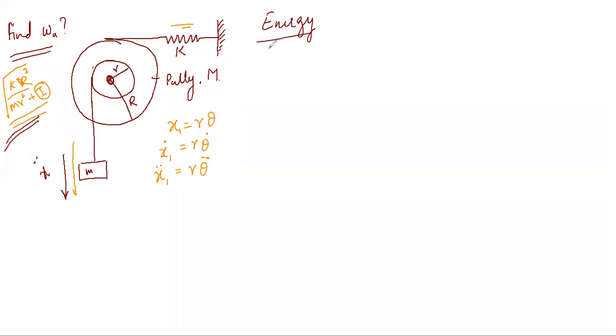When we say energy method, just tell me one thing. Properly divide the energy method into two parts. First, please write down kinetic energy, and then second one is your potential energy, right? In kinetic energies we have two forms, translational kinetic energy and rotational kinetic energy.